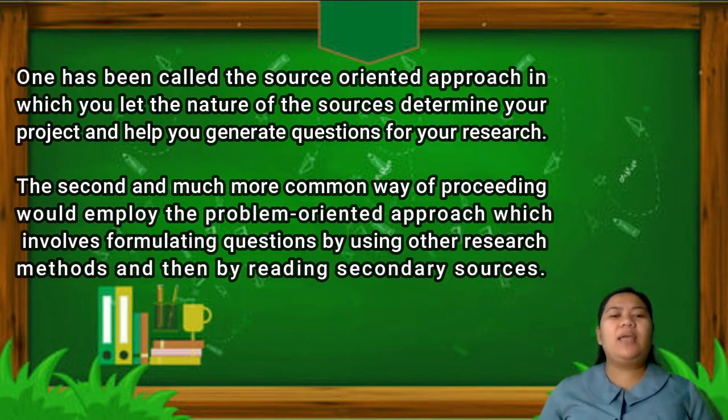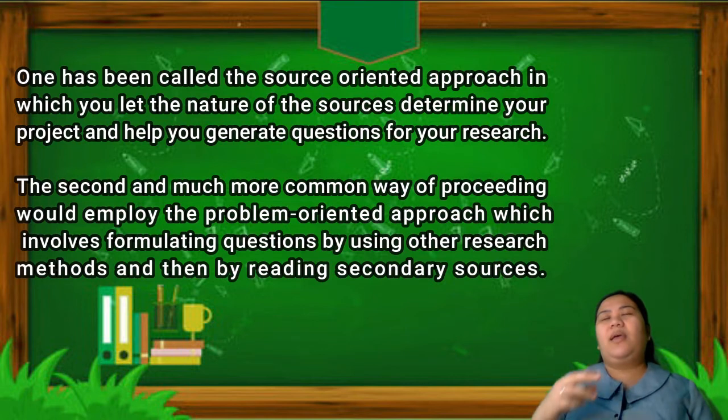Now, while the approach is much more common, the way of proceeding would employ the problem-oriented approach, which involves formulating first the questions by using other research methods and by reading secondary sources.